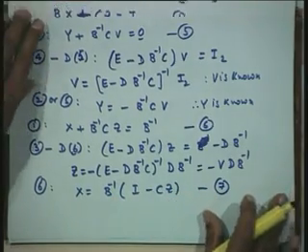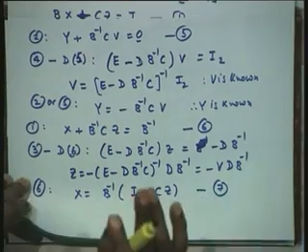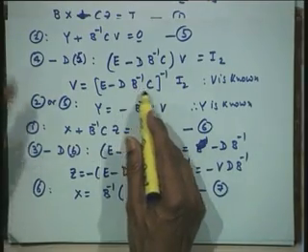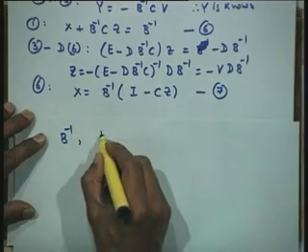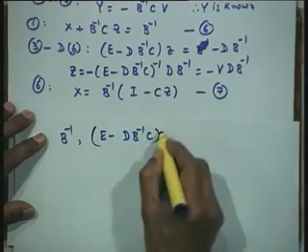Now what we should see here is that in building this we have used only 2 inverses. One is B inverse, the other is E minus dB inverse C inverse.